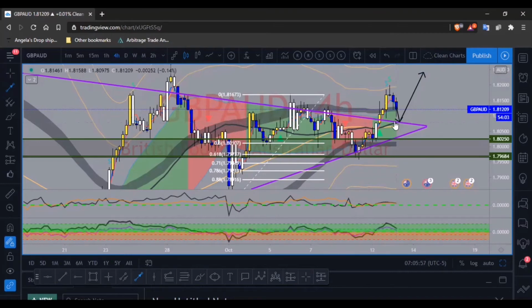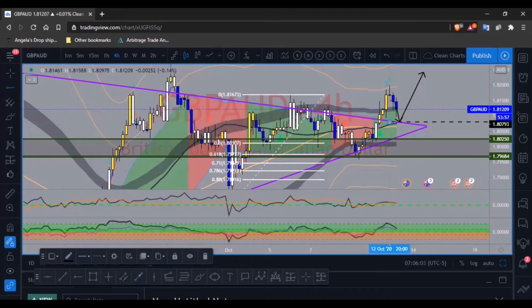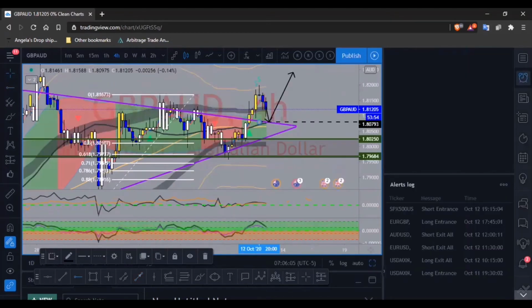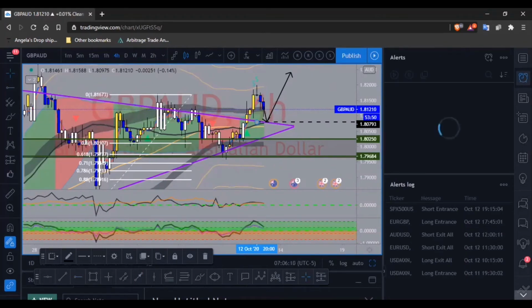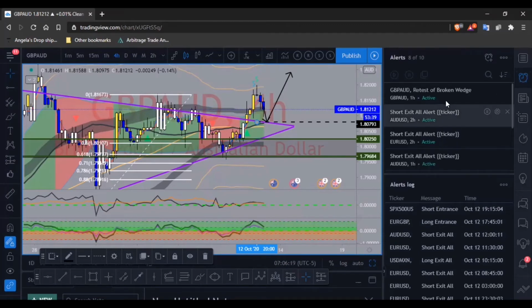Didn't get a chance to put my alert on because I accidentally, or did I? Let me see. Let's see what this is talking about on my alerts. Yep, got it.